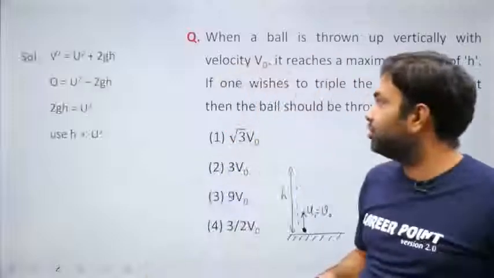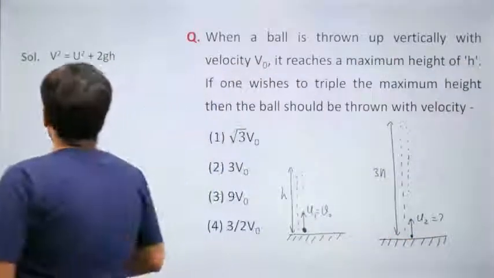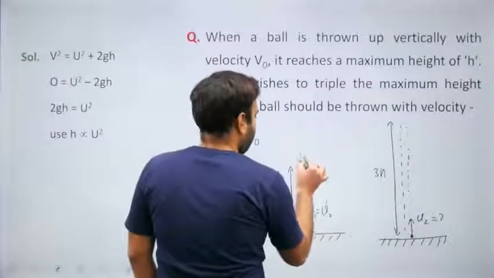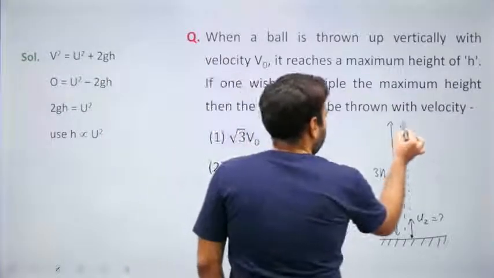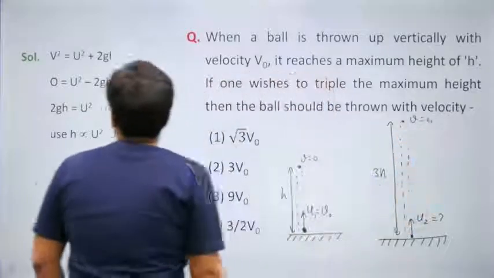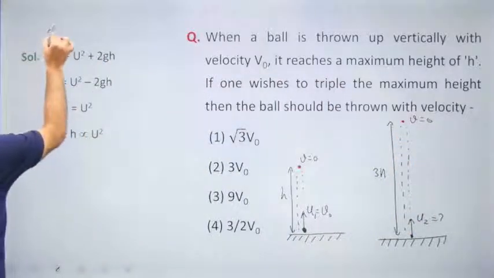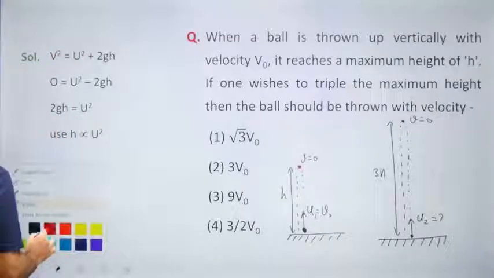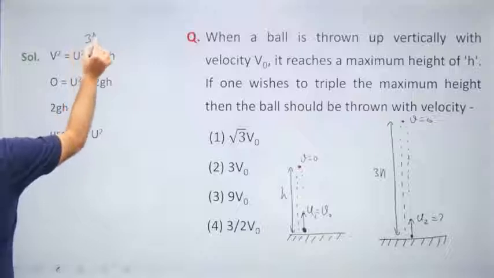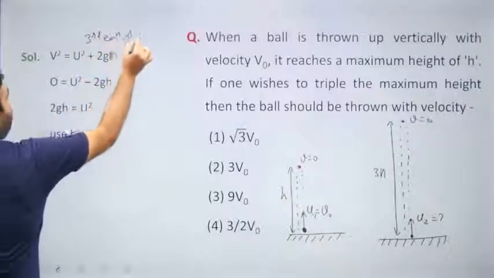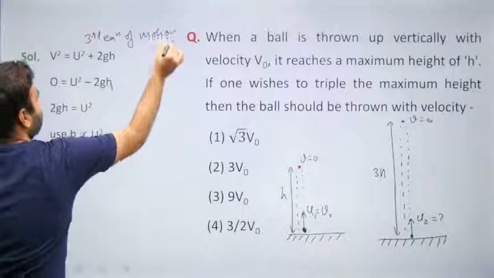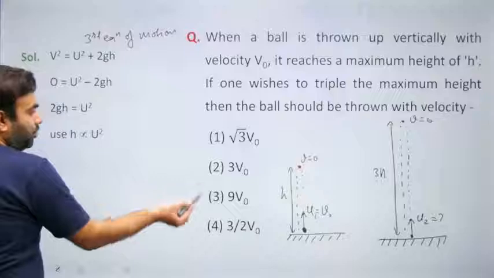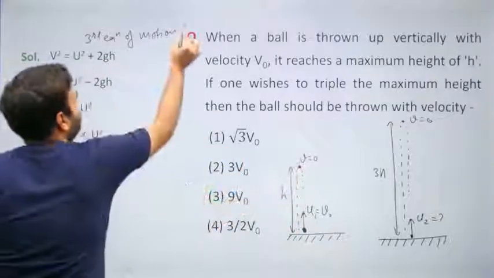So see this question. As you can see, at the topmost point, velocity becomes 0. So this is the third equation of motion from the bottom point to the topmost point.